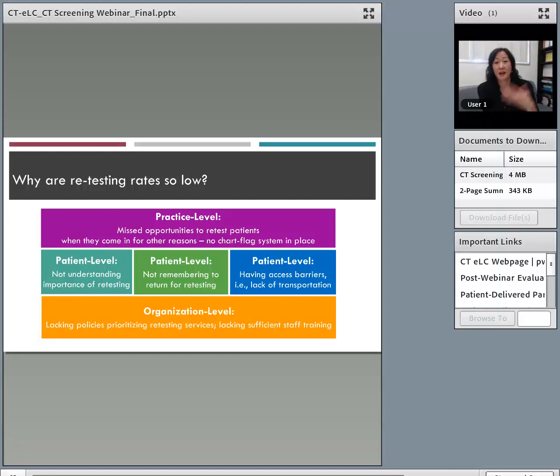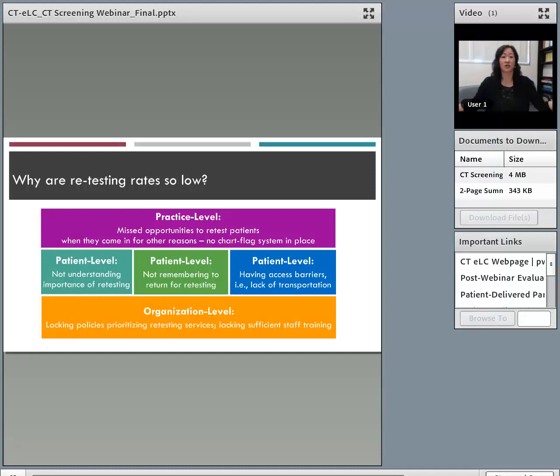The first might be, I definitely give the spiel to someone when they have chlamydia, that it's really important to come in to get retested, and some people may or may not receive that information, so they might not understand that it's important. Then there's also, they know it's important, but they just space out and they don't come back for retesting. And then there's also, they'd like to come back for retesting, but they have barriers to getting to you, such as transportation, et cetera.